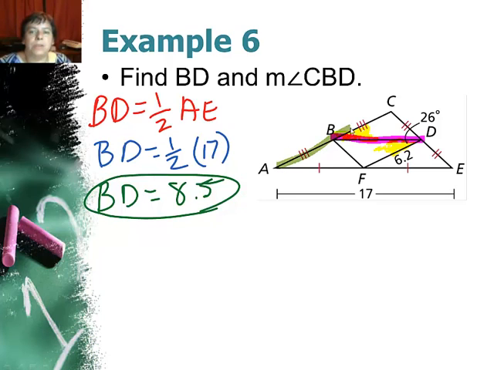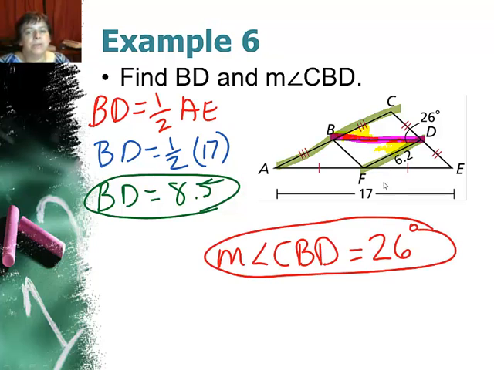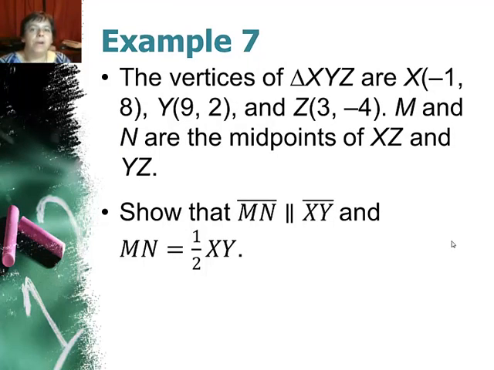The parallel lines are this segment ABC and FD. Remember, this midsegment is actually parallel to that base there. Well, now you can see that CBD and BDF are alternate interior angles, which means they're congruent. So that means that CBD is 26 degrees.